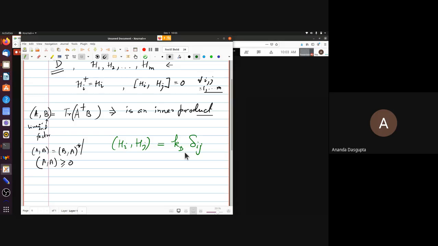So depending on the representation, you may want to choose different lengths. So that's why this constant is there. It really is not of much consequence. It's some positive constant. That's all you really need to worry about. And it's a constant for a particular representation.